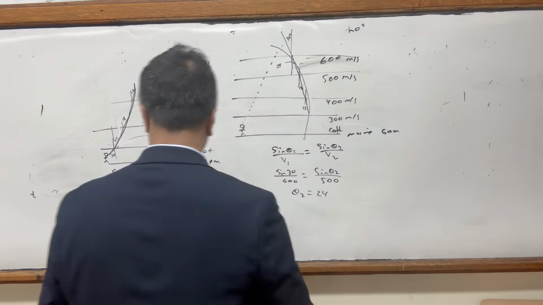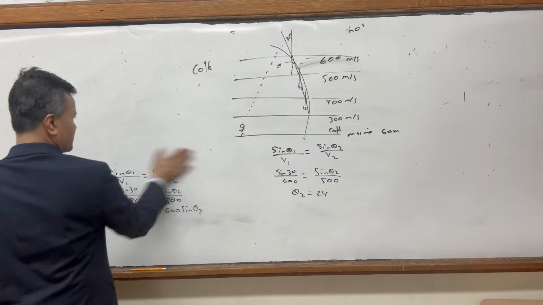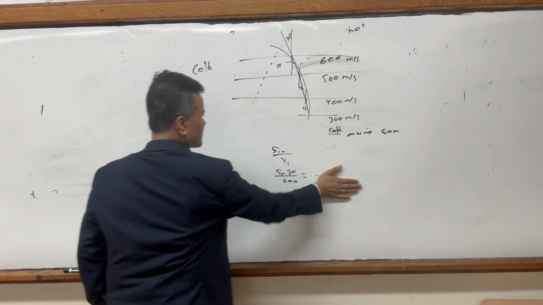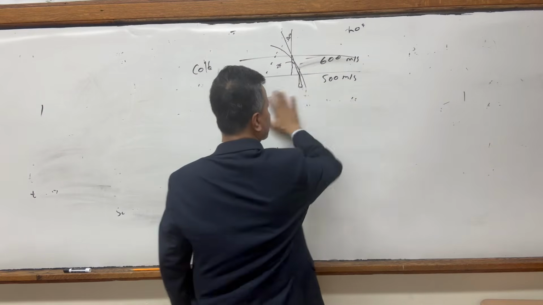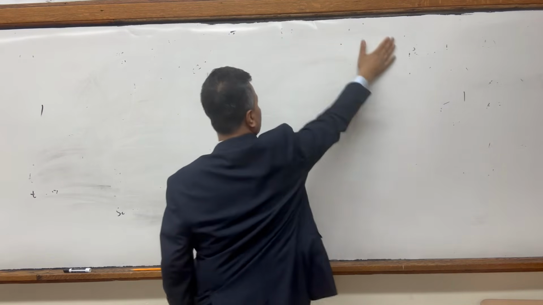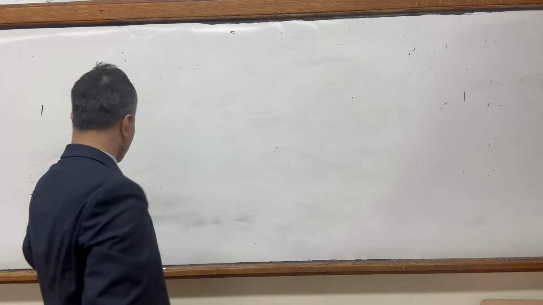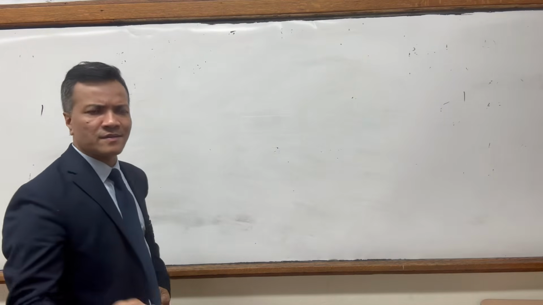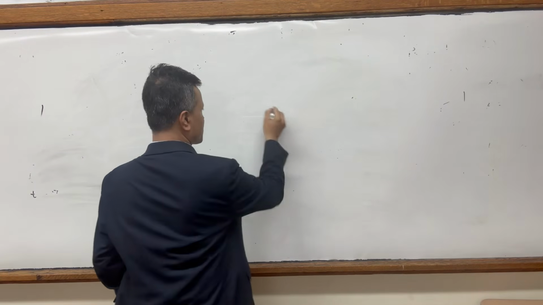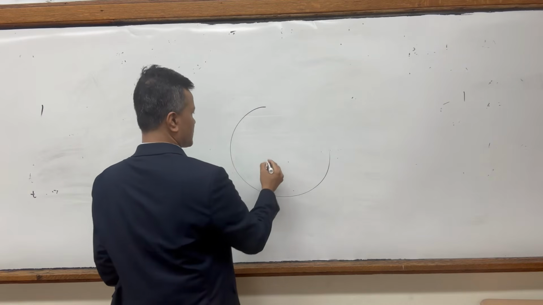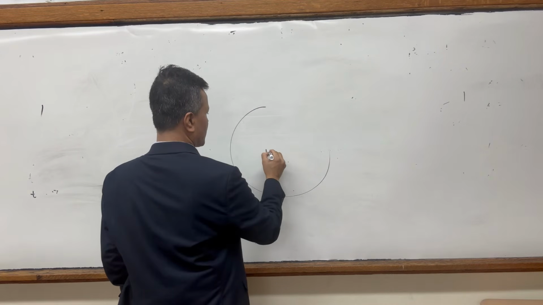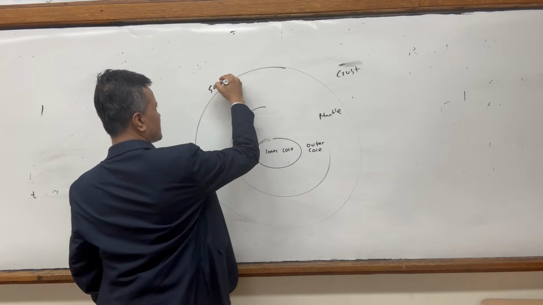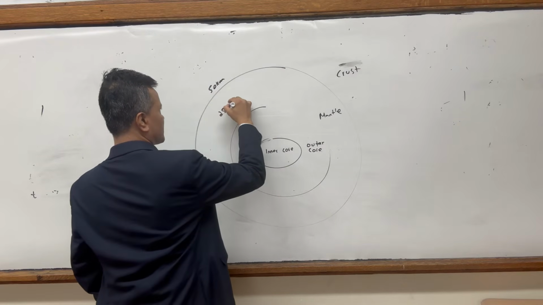And another application for refraction, I don't know where is the eraser, but the natural eraser is my hand. Another application is the earth interior. So this is the earth, right? This is our inner core, 50 kilometer. This is about 2,500 kilometer.